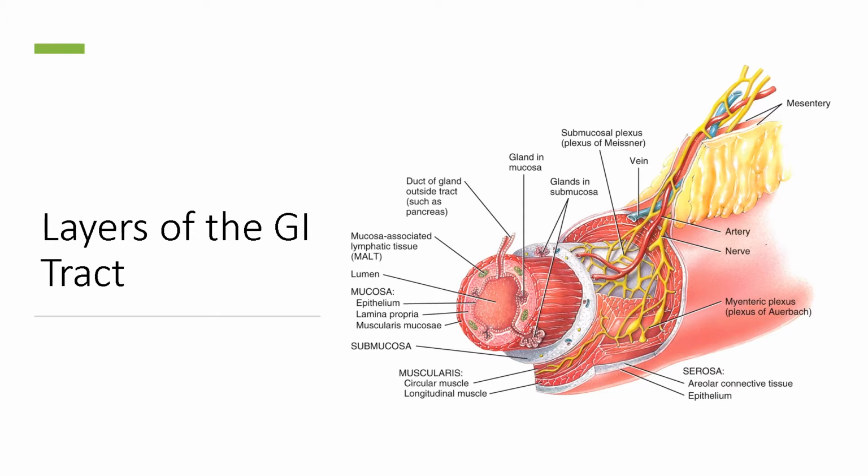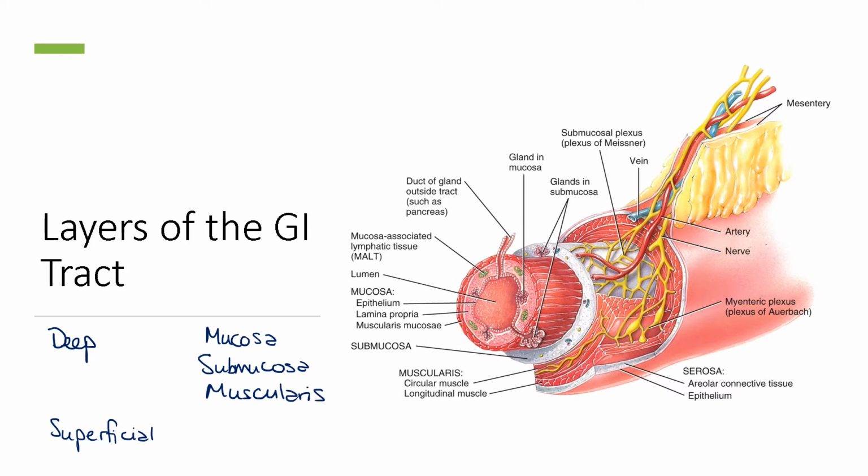Now, the four layers of the tract, from deep to superficial, are the mucosa, the submucosa, the muscularis, and the serosa in most parts. In other parts, it's called the adventitia. We'll talk about the differences between the two.